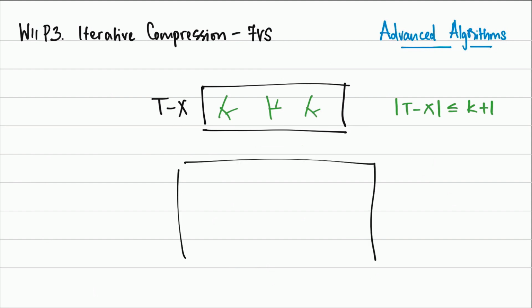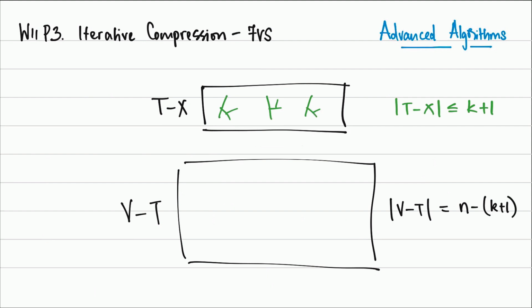And we are also left with this larger forest, which was the original forest from the feedback vertex set given to us as input. And so this would typically have n minus K plus 1 many vertices. So the size of V minus T is n minus K plus 1.